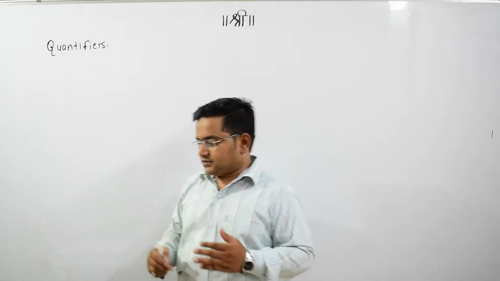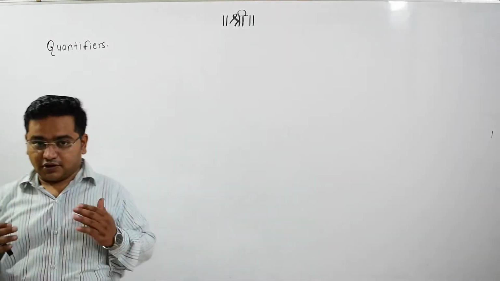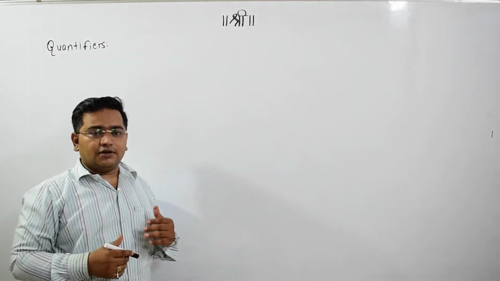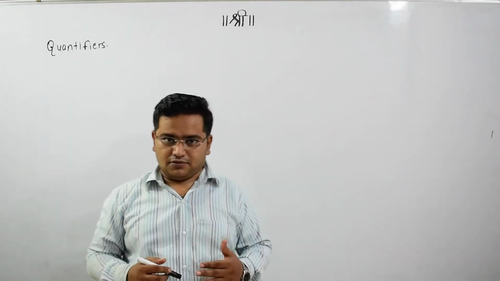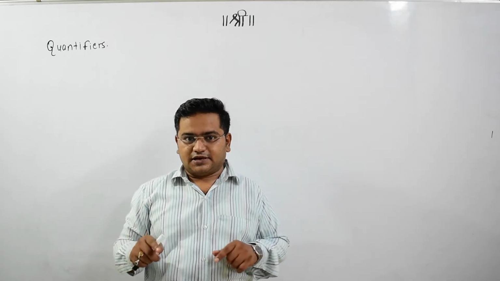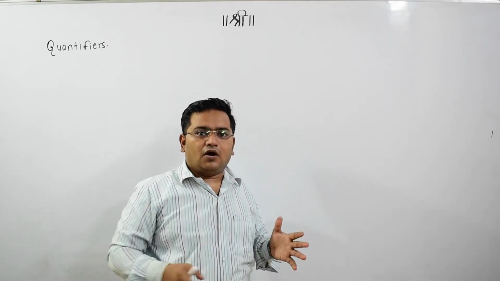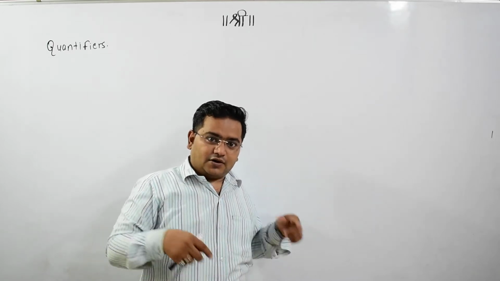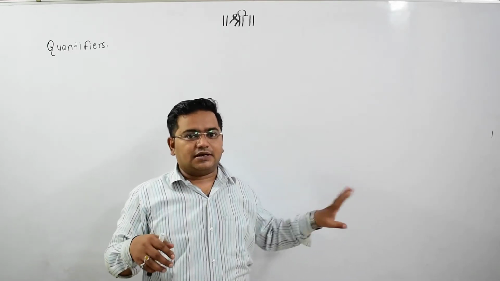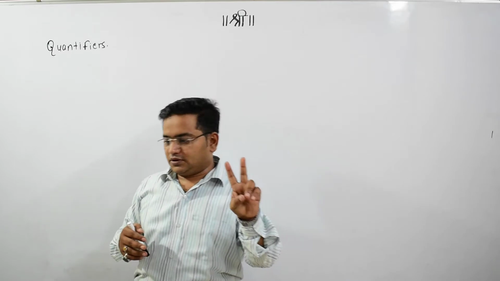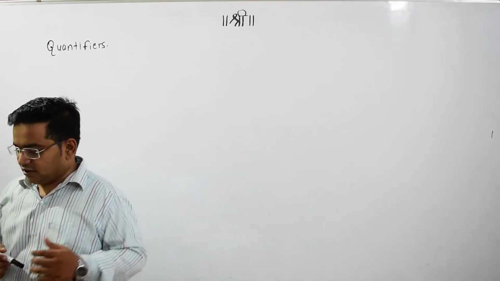Now these quantifiers quantify the given x, within the given set out of which we are choosing particular values, or within that set all the values of x are selected. So within these two terms we can quantify the given existence.